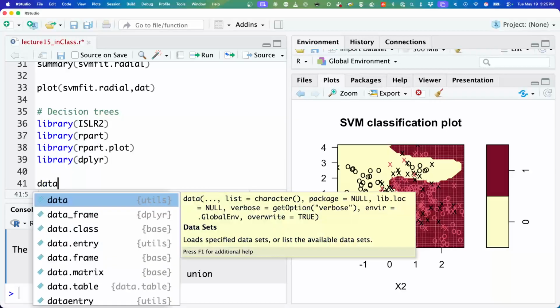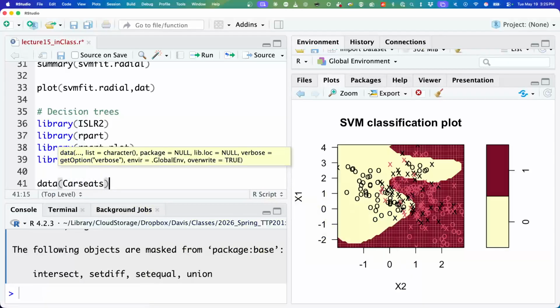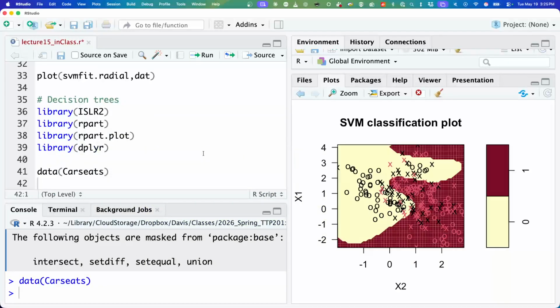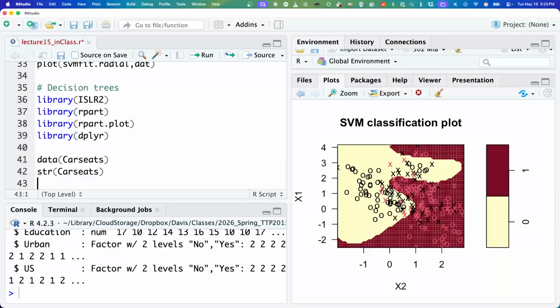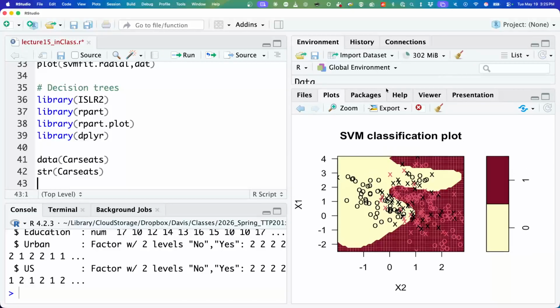Okay, so we are going to use a data set from ISLR2 called Carseats. Let's take a look at what this data set looks like.